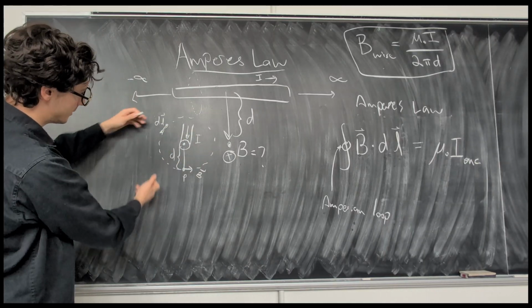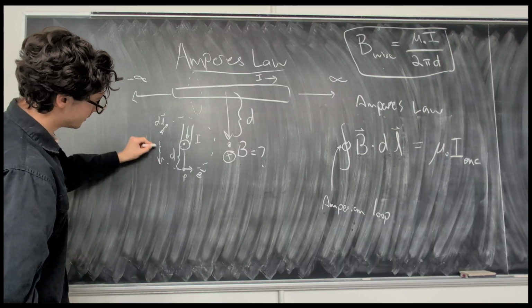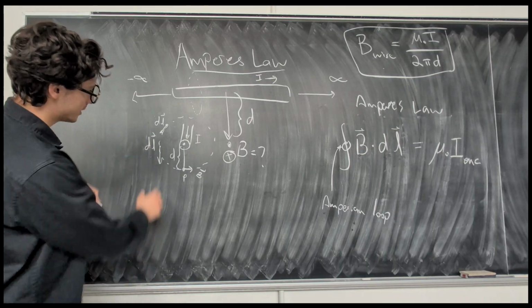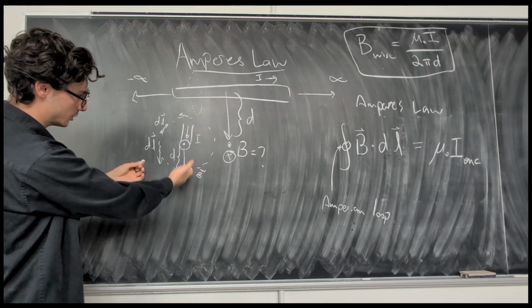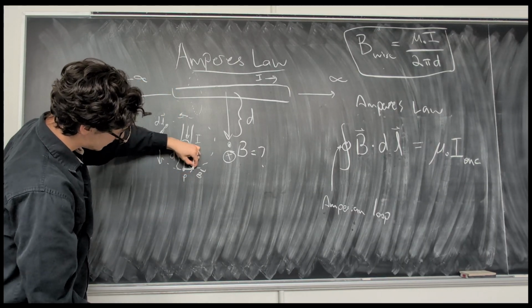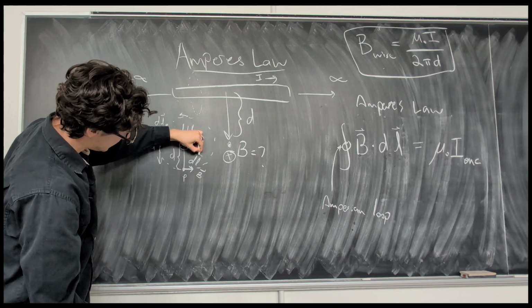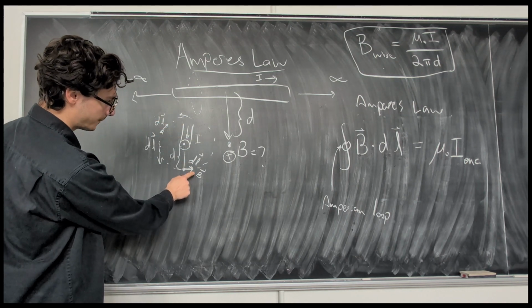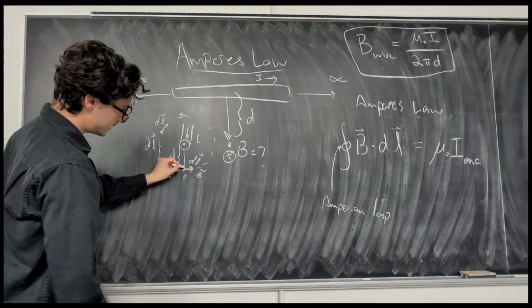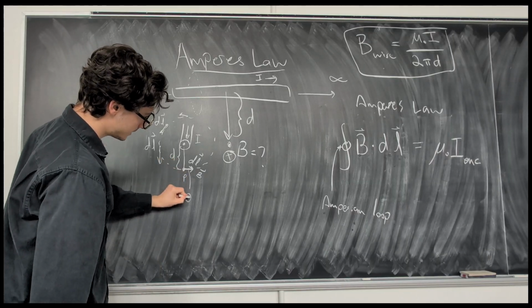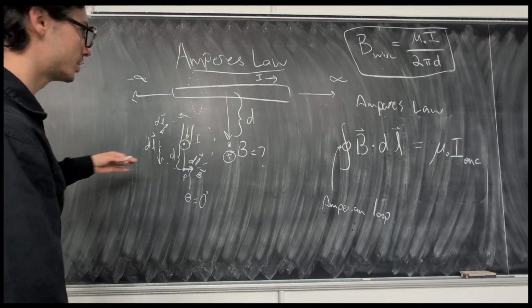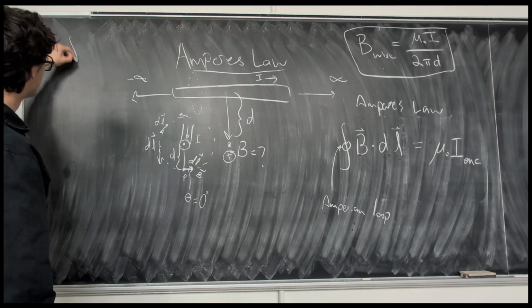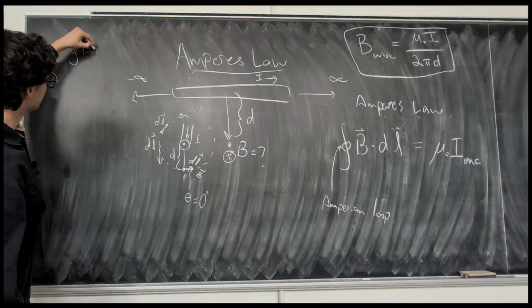I am choosing this way because if I go around, there are dl's along each part of this Amperian loop, and they all have to face the same way. So here, at exactly this point, my dl will be facing the exact same direction as B. Because that's the case, the angle between these two, theta, is equal to 0 degrees. Why am I doing this? Check this out. We're going to use Ampere's law. Write it down over here.